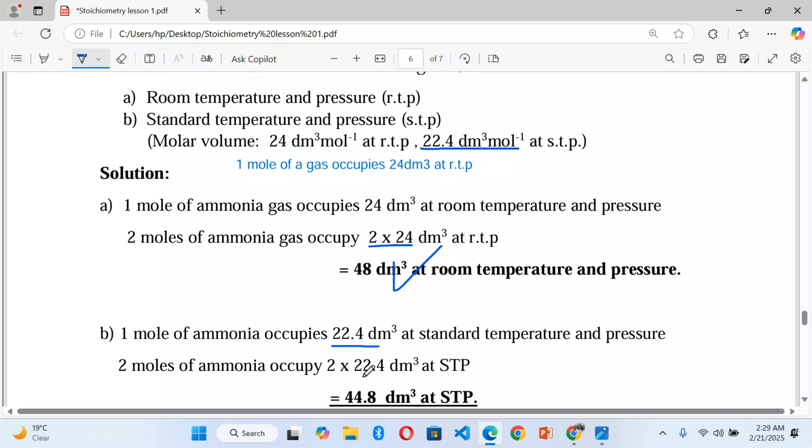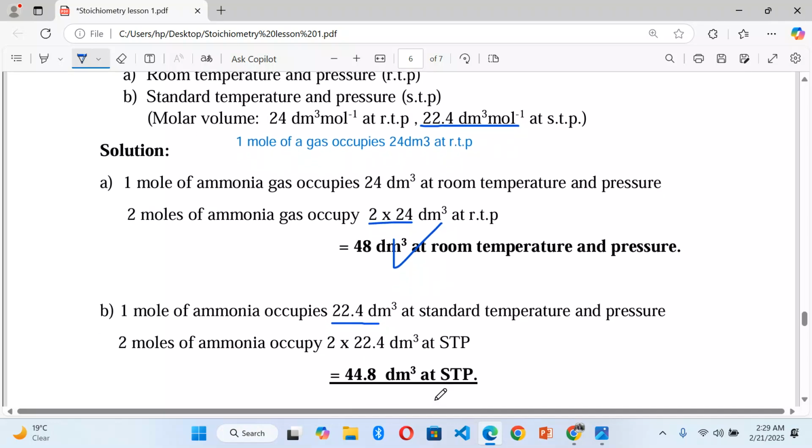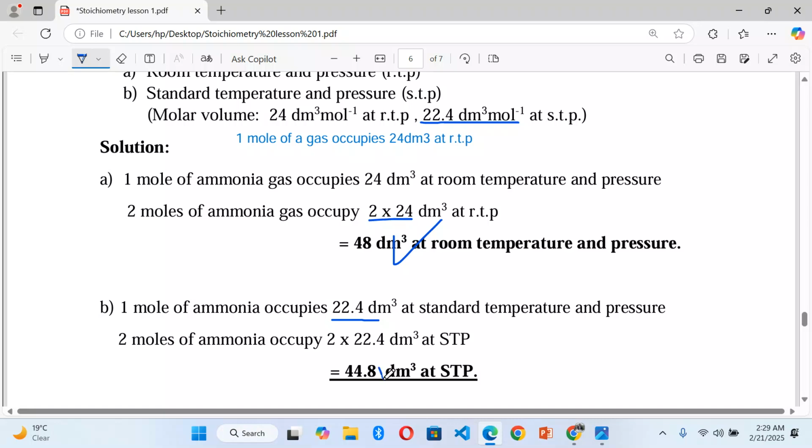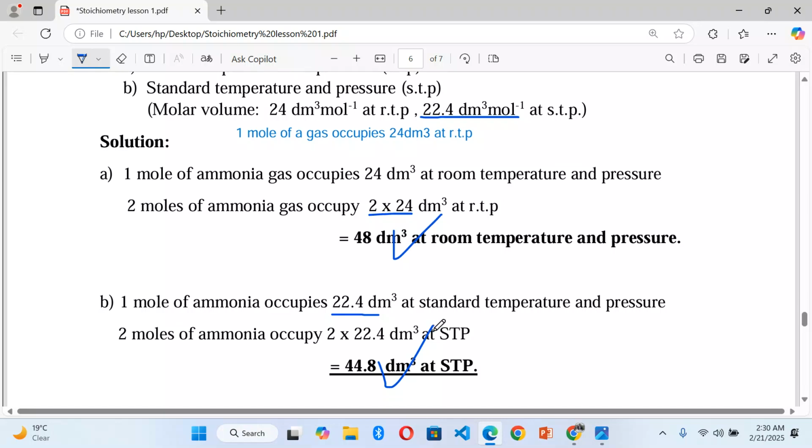It will be 2 times 22.4 decimeter cubed at STP, and when you multiply, you get 44.8 decimeter cubed at STP. As simple as that. So when you know the table, you can do any calculation relating to conversion of volume to moles or moles to volume.